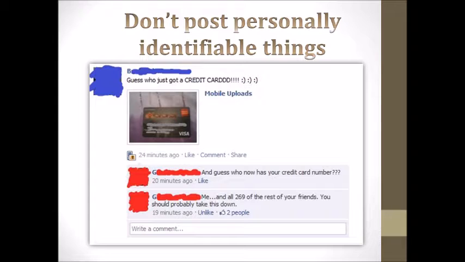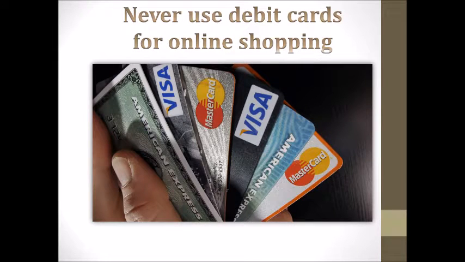A creditor from a credit card company has all sorts of fraud and scam protection on it, and if a random charge shows up on your account, you call them up and say, hey, I didn't make this purchase, and they say, okay, don't use your cards, cut them up, we're going to send you some new cards and we'll reverse these charges. Which is why you don't use a debit card to make payments online. It's hard to get your money back if it's taken out of your debit card. It can be done, but it's usually a lengthy process, and sometimes they can't always get it all back.